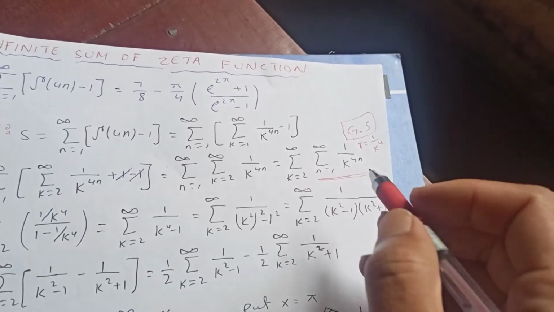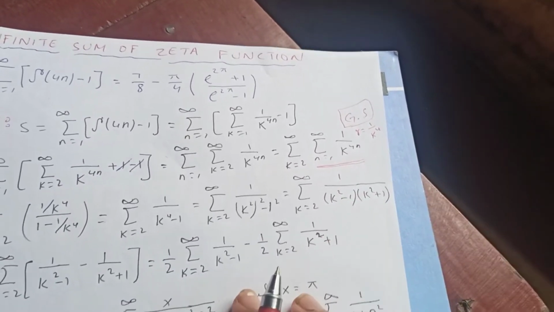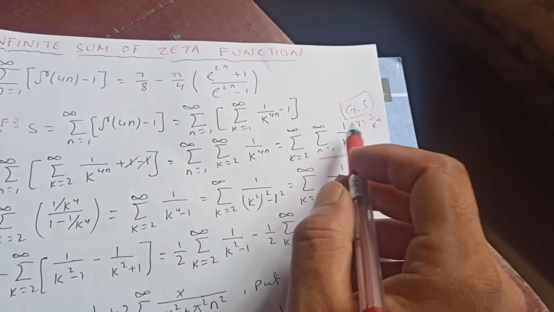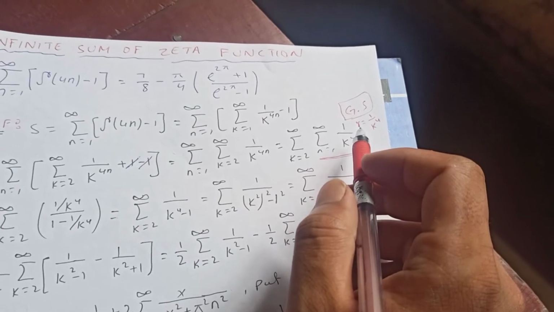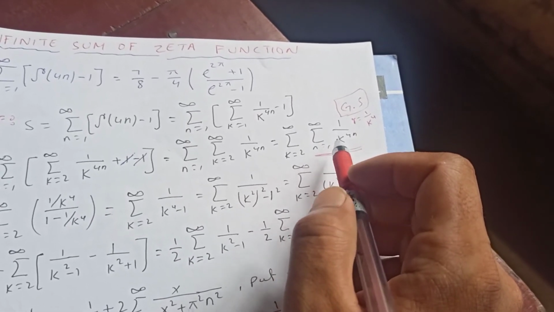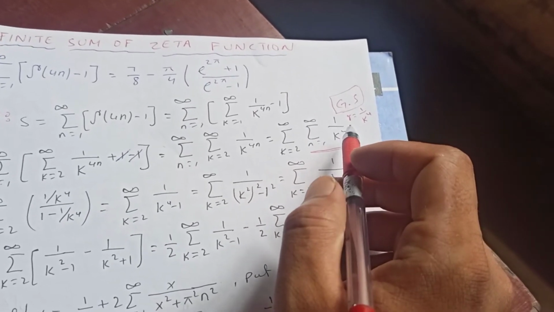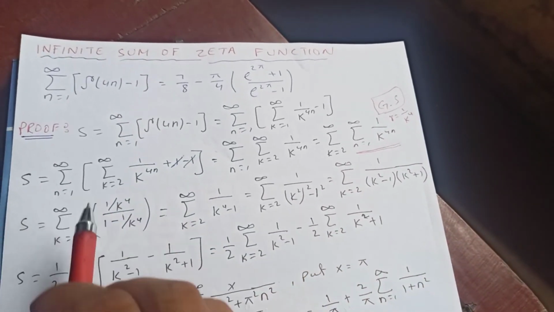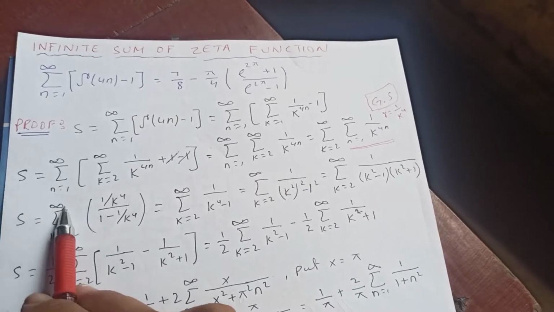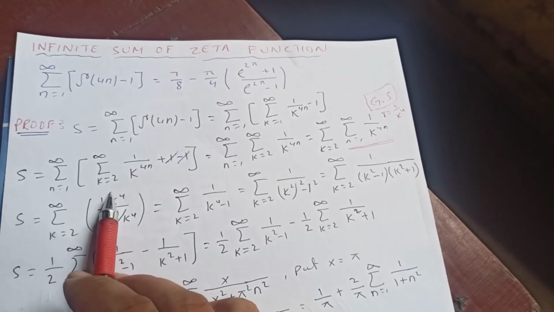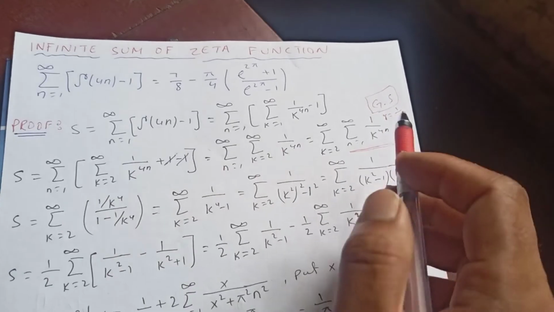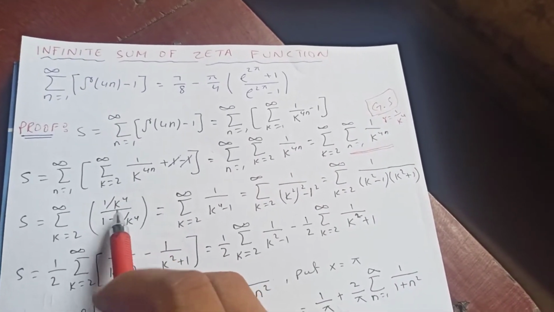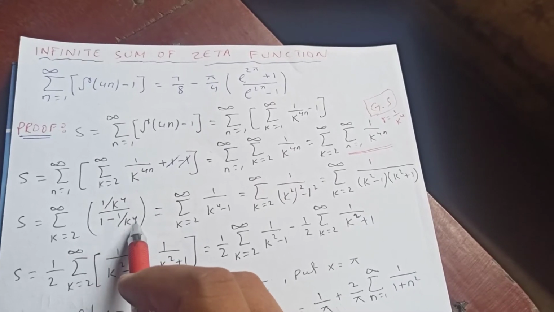Using the geometric series formula, a upon 1 minus r, where a is the first term and r is the common ratio, you get the sum from k equal to 2 to infinity of a, the first term, which is 1 over k to the 4, upon 1 minus 1 over k to the 4, where this is the common ratio again.